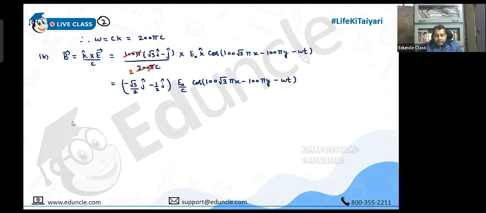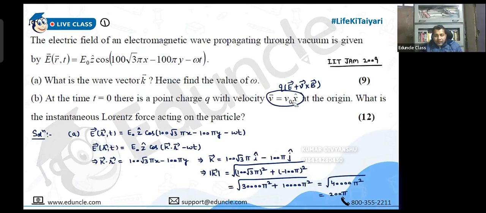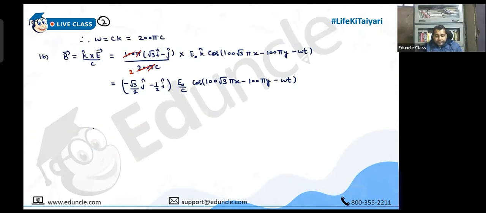Is it clear? So I need to know the velocity vector as well. It is given to be v naught x cap at t equal to 0.